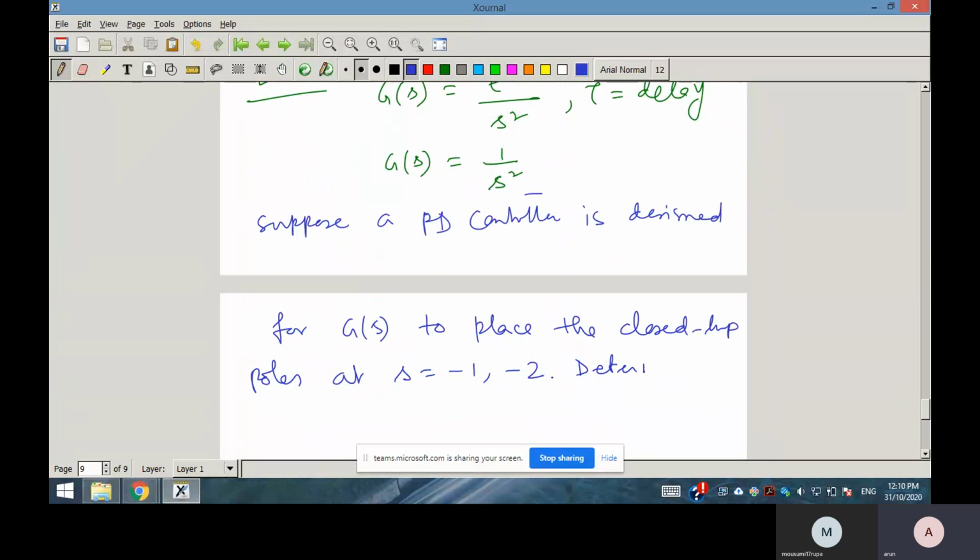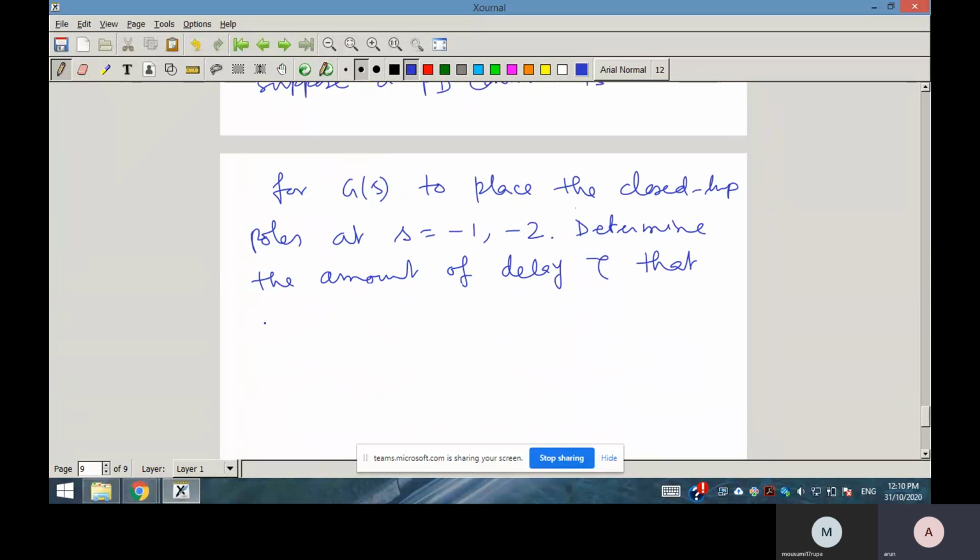Determine the amount of delay tau that can be tolerated.